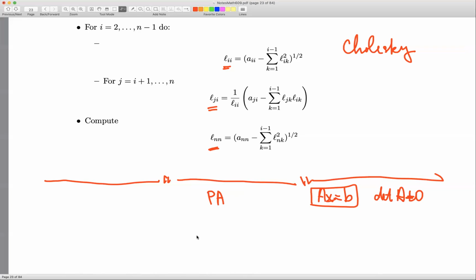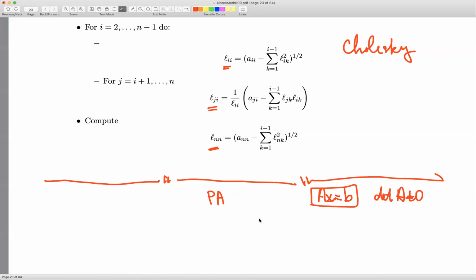And in order to do that, I have to cover norms and inner products. And this is material which we'll cover in the next lecture. Once we cover that material, then we will go to iterative methods.